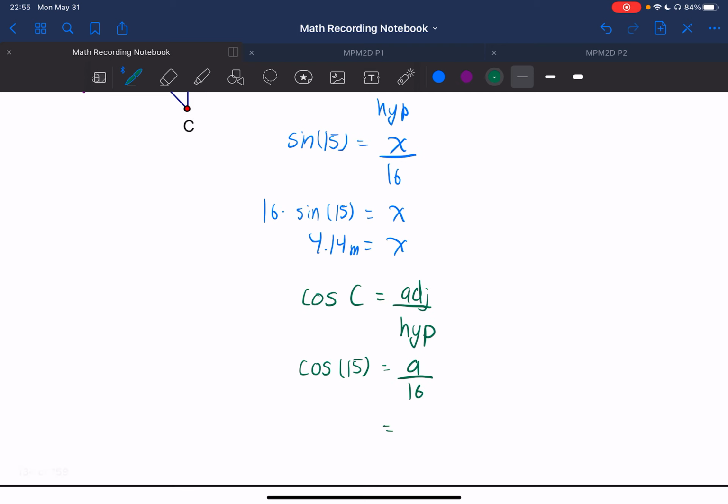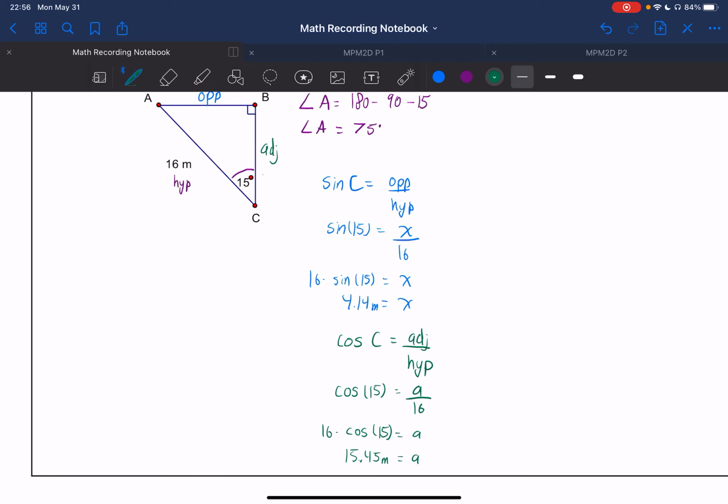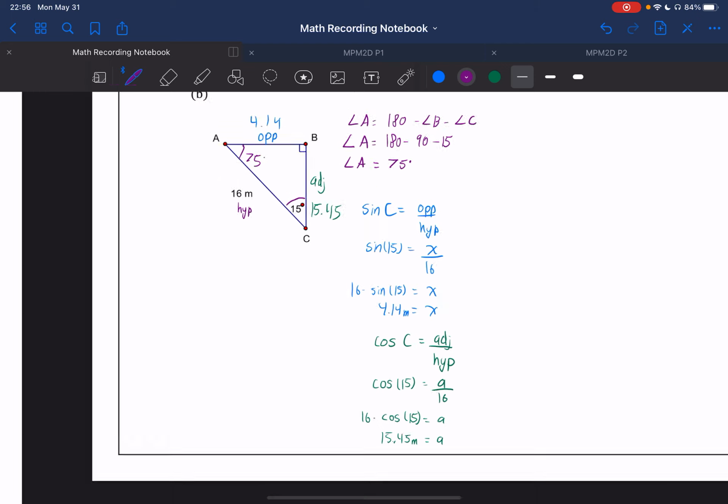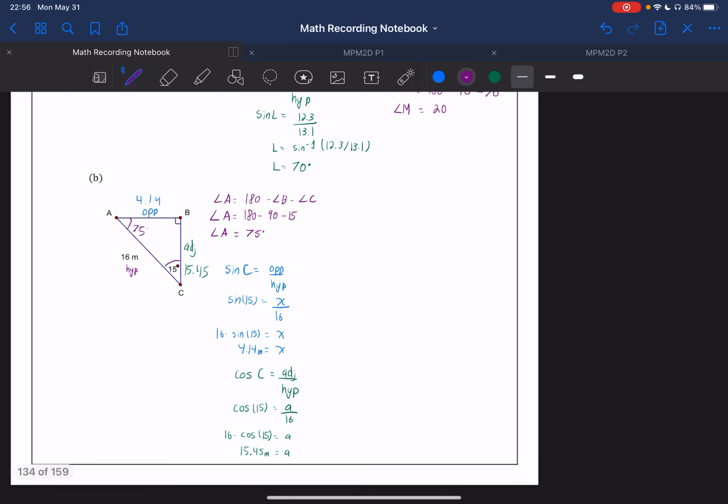Going to isolate for a. That's 16 times cos 15. And that's going to give me 15.45 meters. And that's that side. And now everything is labeled. Oh, I forgot to label the 75 here. And we're done. And that's how you can solve a triangle.